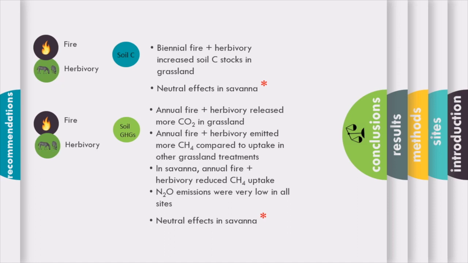For example, when you start measuring soil organic carbon and other soil parameters, you don't get to see those differences that we would have expected based on the magnitude of disturbances above ground. And we think this also contributes to the stability of these soils, because these soils are so resistant to change.